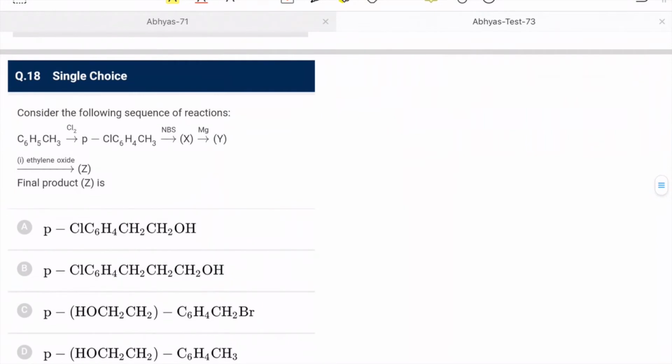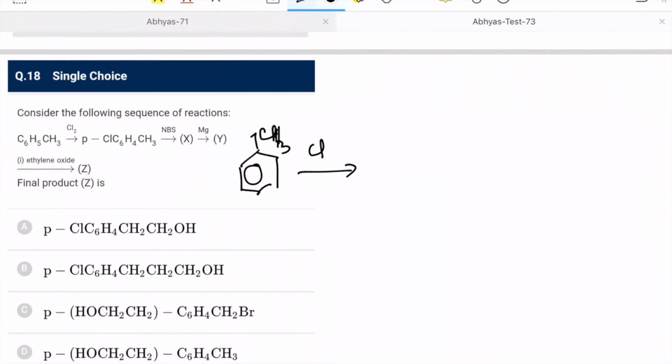Consider the following sequence of reactions. Here we have to write the final product starting from toluene. The reactions will go like this. First, toluene is treated with Cl2, so para-chlorotoluene is forming.